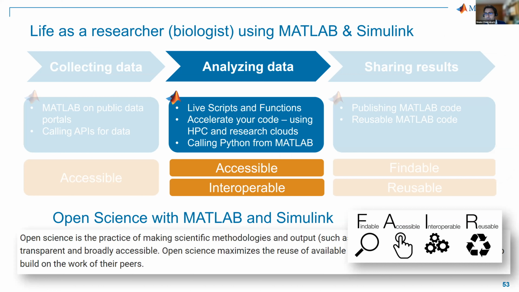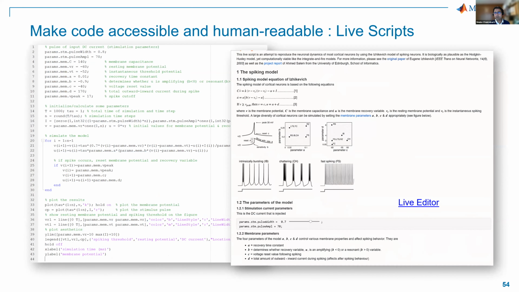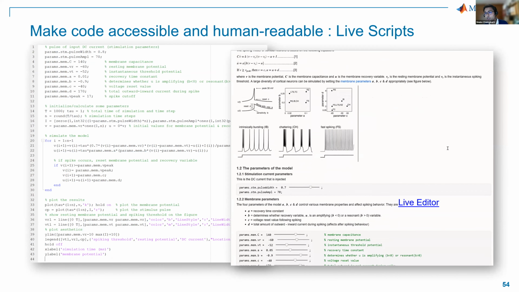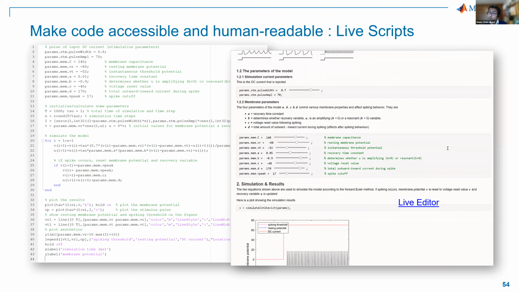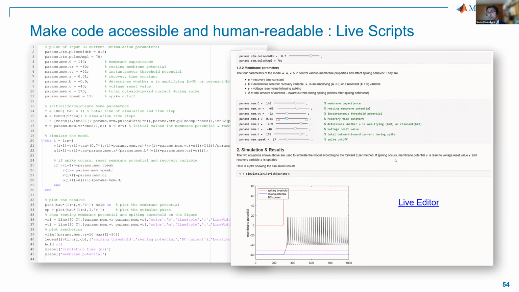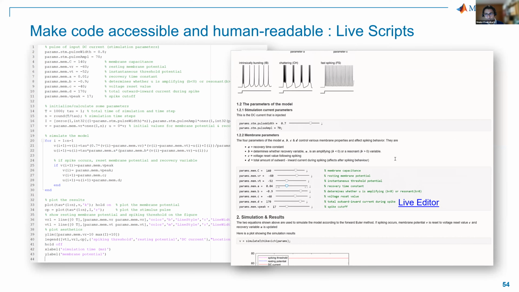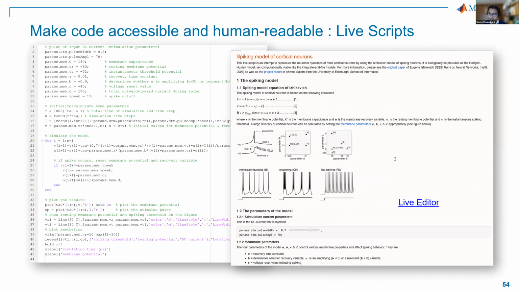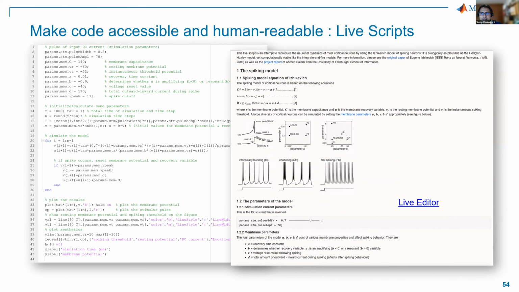And next, I'll jump into analyzing data. So I'll talk about live scripts and functions first. Live scripts are our take on computational notebooks, MATLAB computational notebooks. As I said, we also have a MATLAB interface for JupyterHub, and we are in the process of developing a MATLAB kernel for Jupyter, which is still not out there, but should be in a few months.